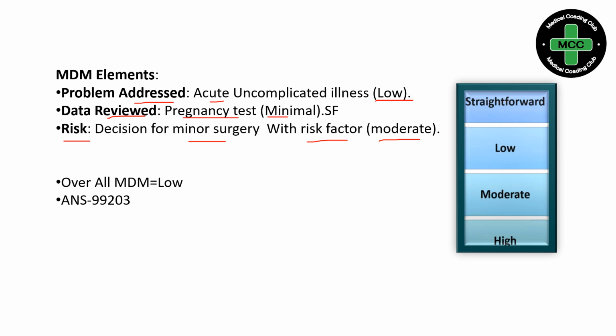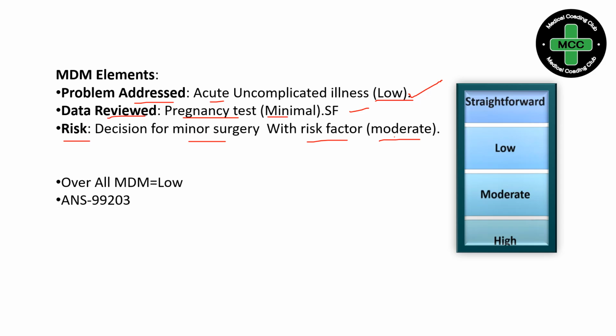Now, as I said, if you apply that particular MDM guideline, as three elements are different: problem is low, data reviewed is minimal, and risk, decision for minor surgery, is moderate. All three MDM elements we are getting at a different level. So in this case, we have to take the average level.